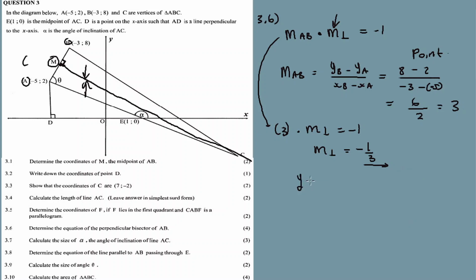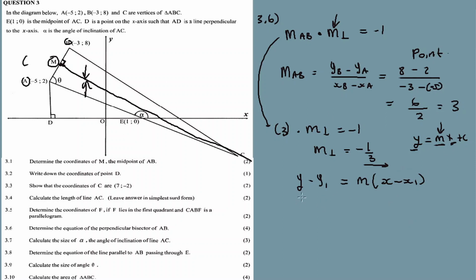Now using this formula, y minus y1 equals m times x minus x1, or you can use y equals mx plus c. So with the gradient, you put in negative 1 over 3, and with the coordinates of the midpoint you can find the value of c.